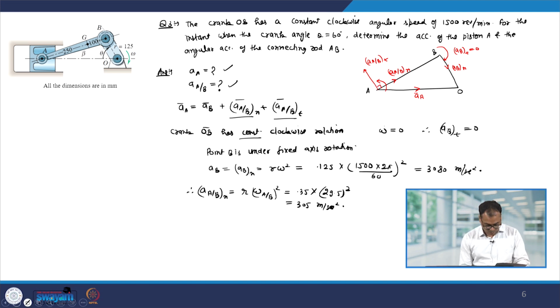Okay. And also note that we have already determined that this angle is 18 degree and this angle was given that it is 60 degree.